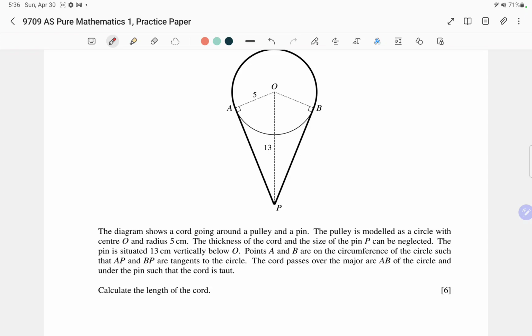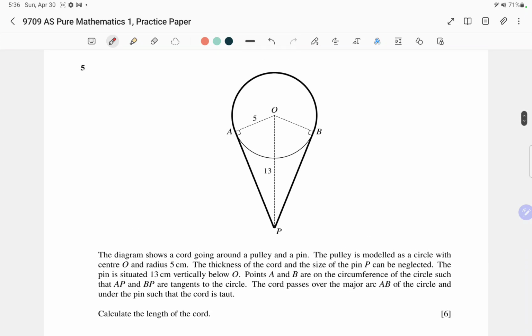The cord passes over the major arc AB of the circle and under the pin such that the cord is taut. Now find the length of the cord. So length of the cord will be this arc length plus this, okay.